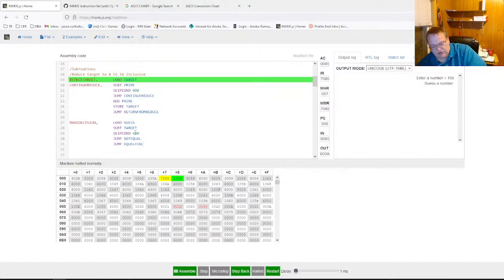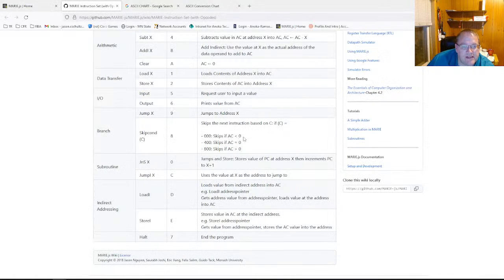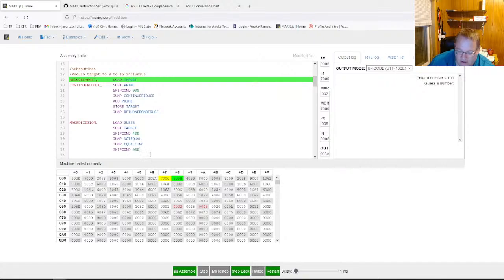Okay. So then if it's not equal, now we can check to see if it's negative. Skip condition 0, 0, 0. And 0, 0, 0 means it is below 0. So we're going to skip if it's less than 0.